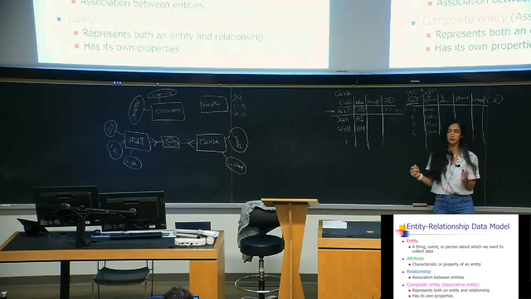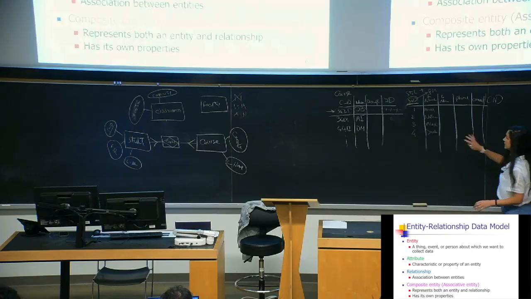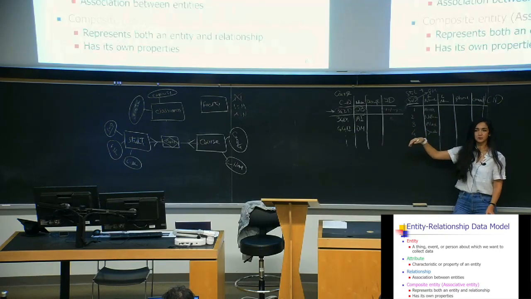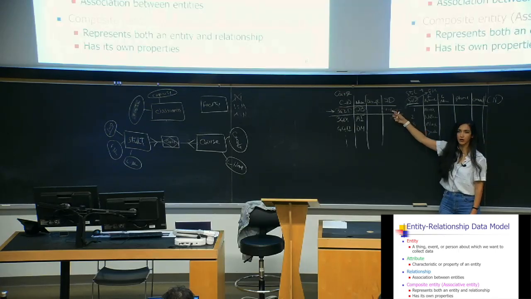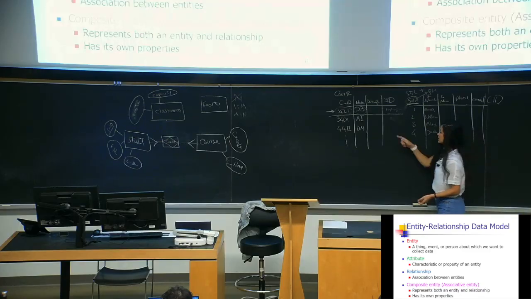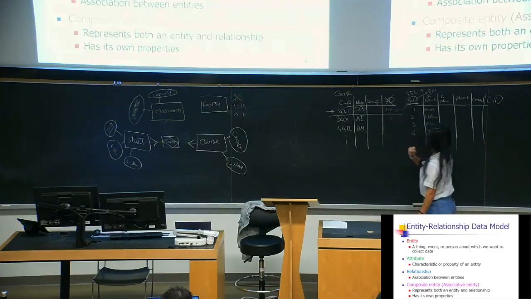But for now, we can just think about it this way: we cannot store multiple values because it's not impossible, but it's difficult and less efficient to access your data like that. So that is why we don't store data like this. This is not the way.